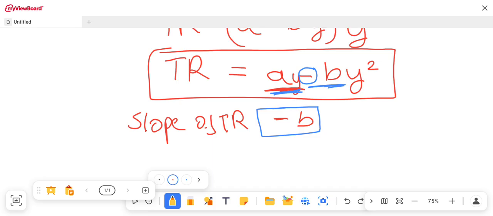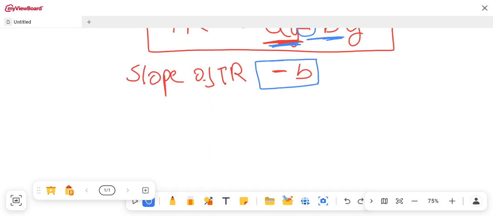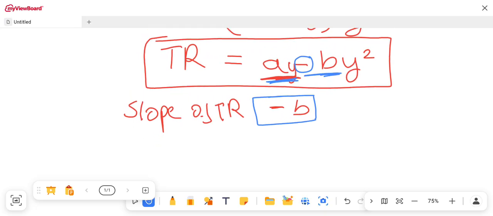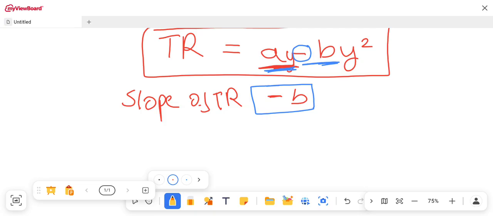Now to find MR, what we will do is to derivate TR with respect to Y. When we derivate TR with respect to Y, okay?